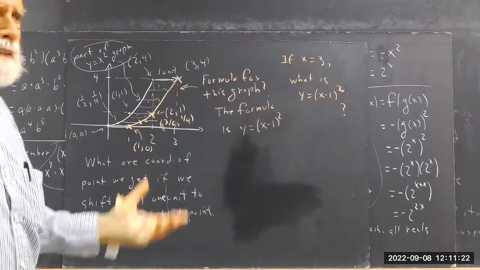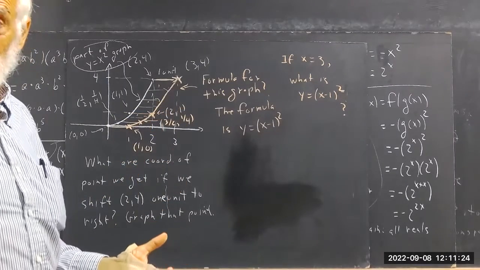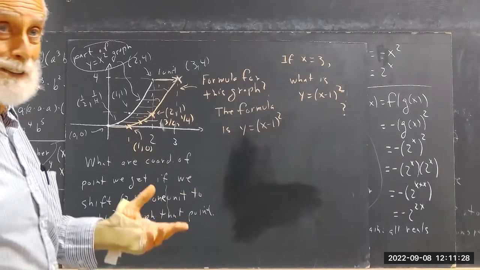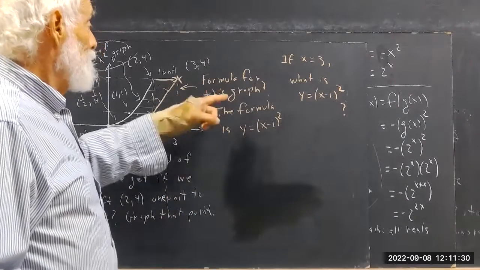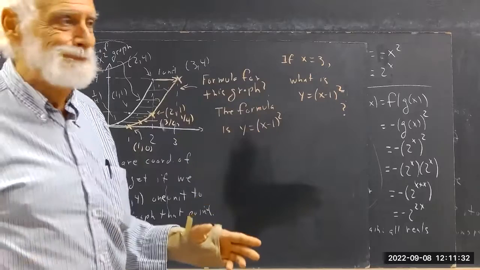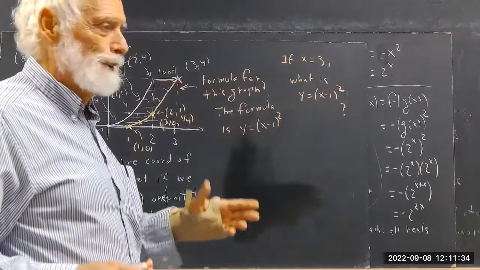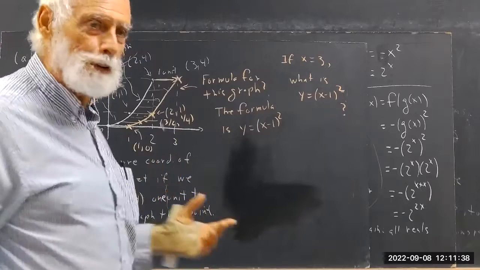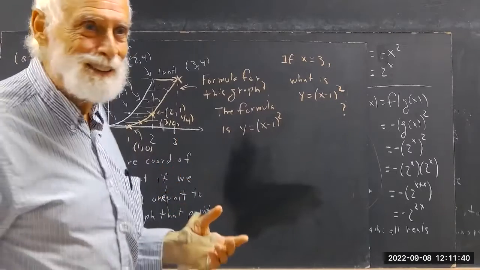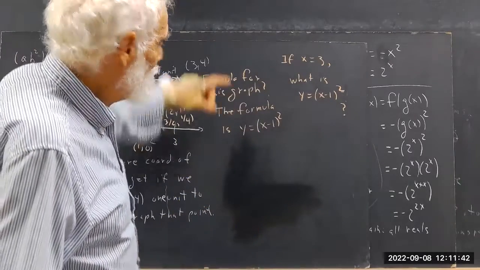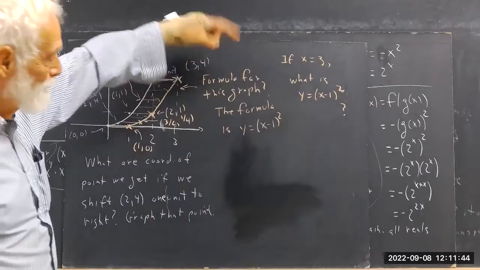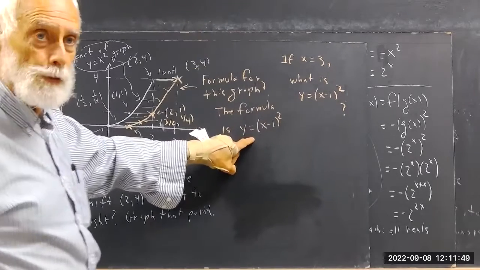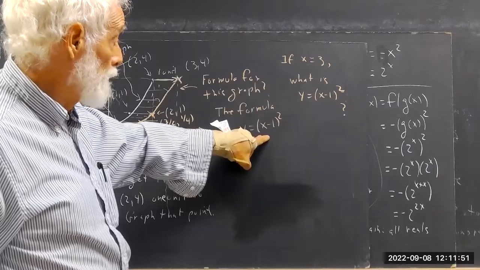Well, I wouldn't expect you to know or be able to answer, although I should have given you more of a chance to show off if you did. If you knew and weren't able to establish yourself in the glory of answering that question correctly, you'll have other chances for glory in this course. Mathematical glory. Okay, formula for this graph. I'm saying that the formula is y equals quantity x minus 1 squared.